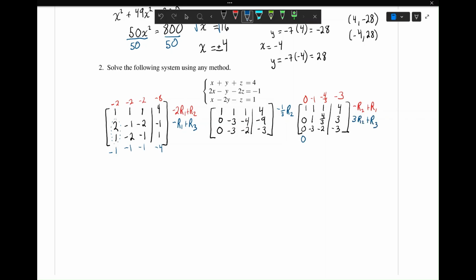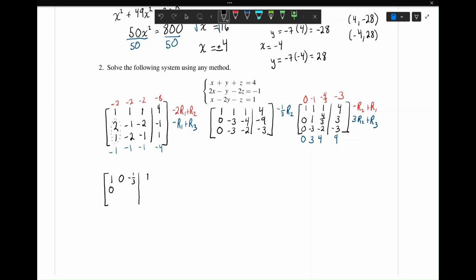So I have a 0, a 3, a 4, and a 9 here. And I'm going to add those all together. So I'm going to have 1, 0, and let's see, -4/3 plus 1 is -1/3. And negative 3 plus 4 is 1.